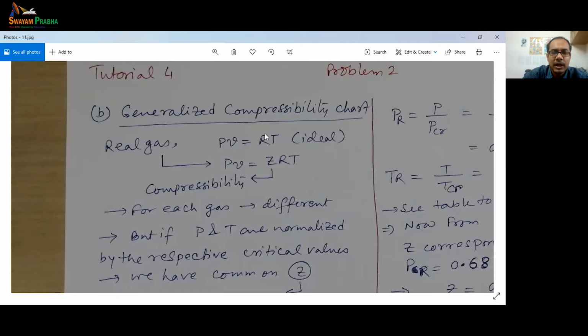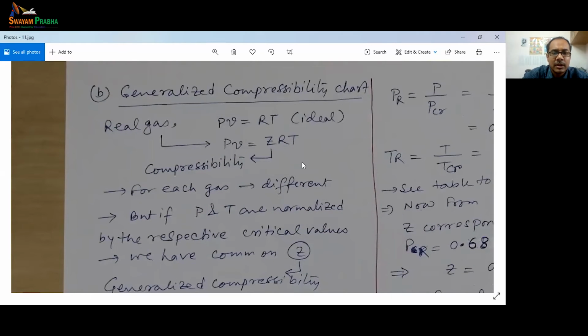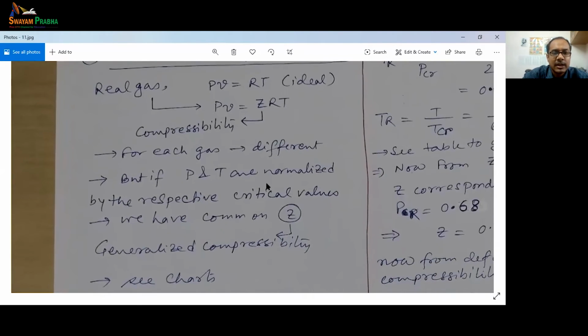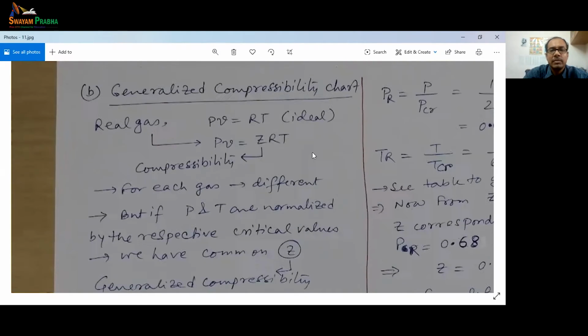This you have learned, and if you haven't, please go back to the book and find out what it means. For each gas, this compressibility factor is different. So whenever you have a gas, you have to list your Z for different pressure and temperature combinations, right?